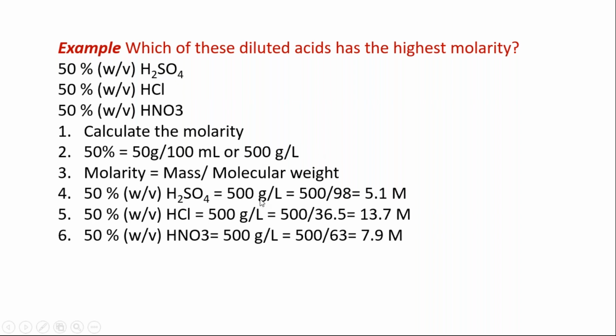So 500 grams of sulfuric acid is 500 divided by 98, which is 5.1 molar. For hydrochloric acid, it is 500 divided by 36.5, which is 13.7 molar. And 500 grams per liter of nitric acid is 7.9 molar. So this clearly shows that the answer is 50% hydrochloric acid.